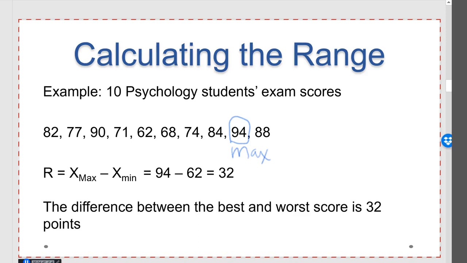And the lowest test score is 62. So the range R is equal to X max minus X min, which is equal to 94 minus 62, equal to 32. So the difference between the best and worst score in this data set is 32 points.